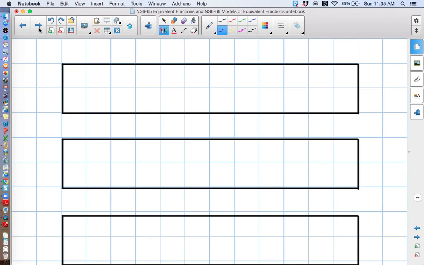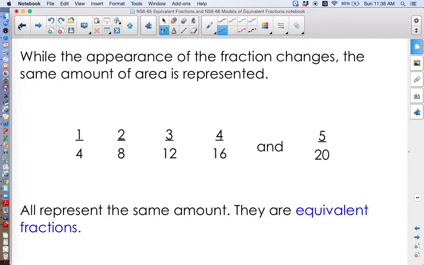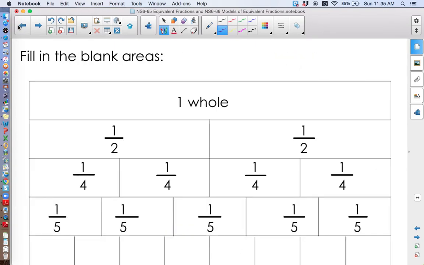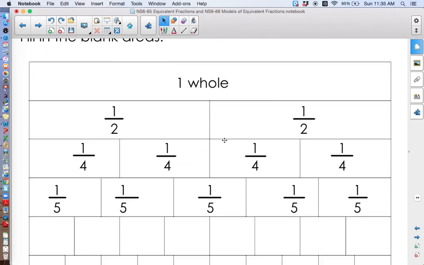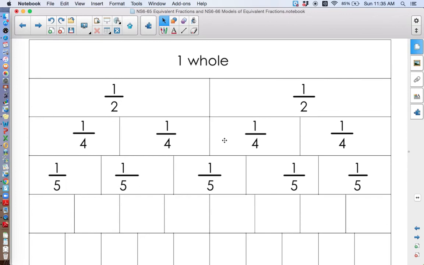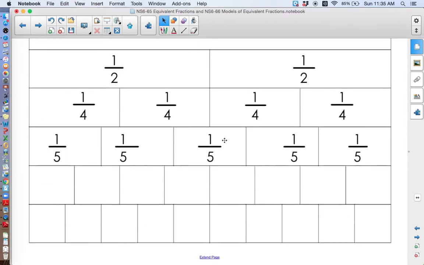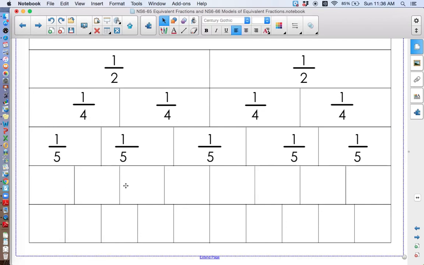Okay, oops. Sorry, there we go. I'm not even going to restart. Here we go. We have to fill in the blank areas. So we're starting with a whole, then we have halves, then we have quarters, then we have fifths. 1, 2, 3, 4, 5, 6, 7, and 8.